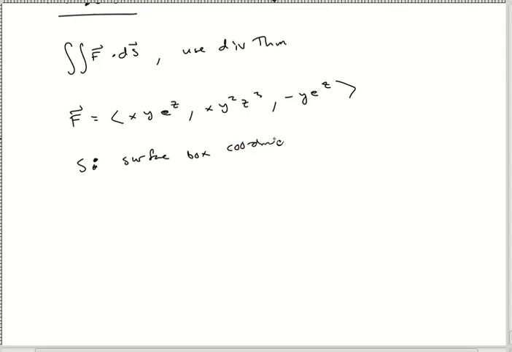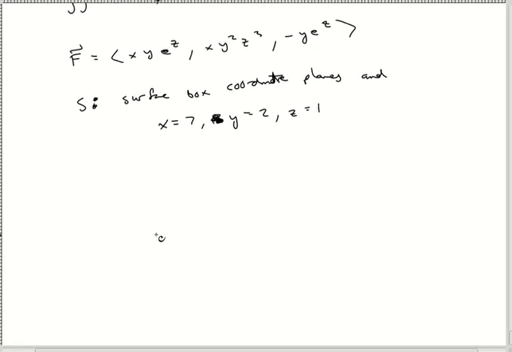So they're bounded by the coordinate planes. They're saying like 0, essentially. And x equals 7. So I'm going to put an 'and' so you're not confused. We got y equals 2 and z equals 1. So again, it's not a cube, but it's a box. So they're saying, go over the entire surface of the box.